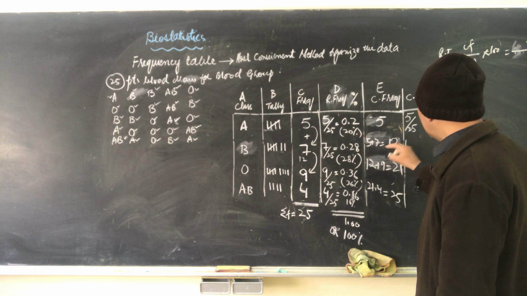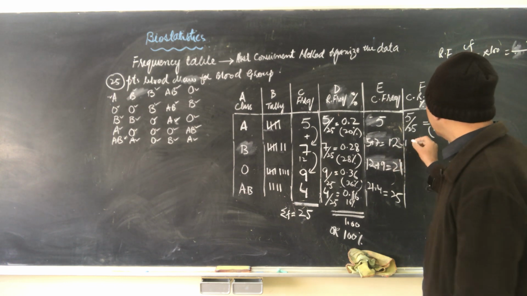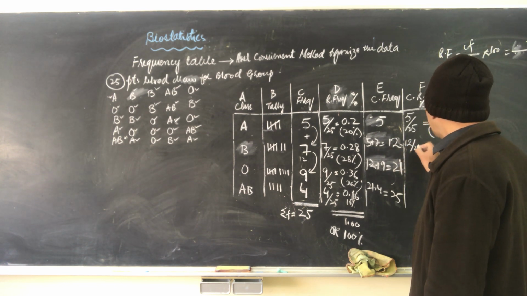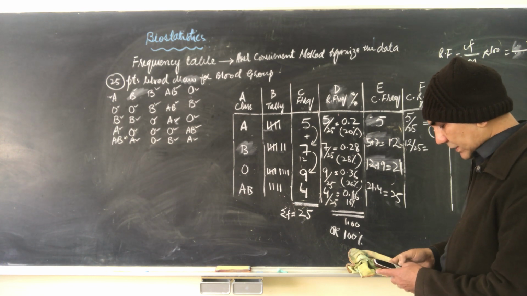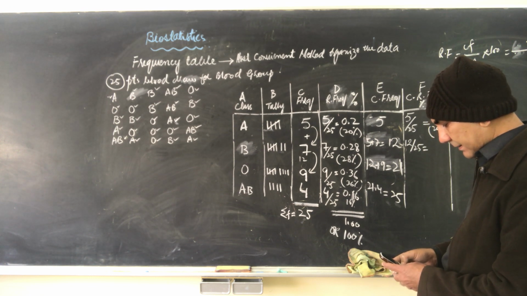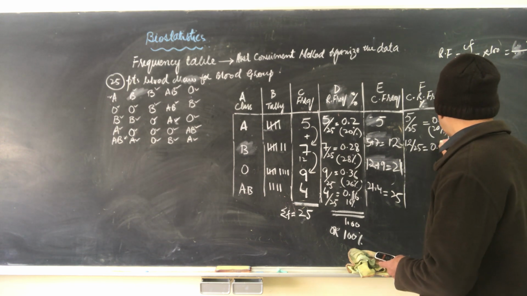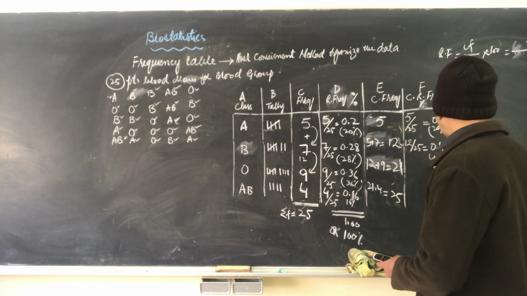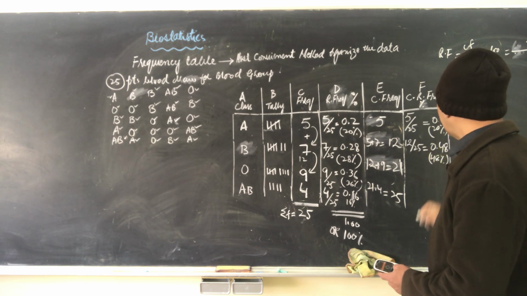Now again for the B group, the cumulative frequency is 12. 12 divided by 25 is 0.48, meaning 48%.